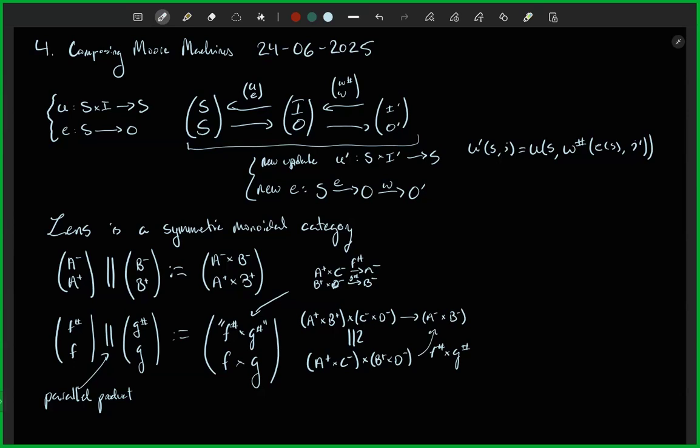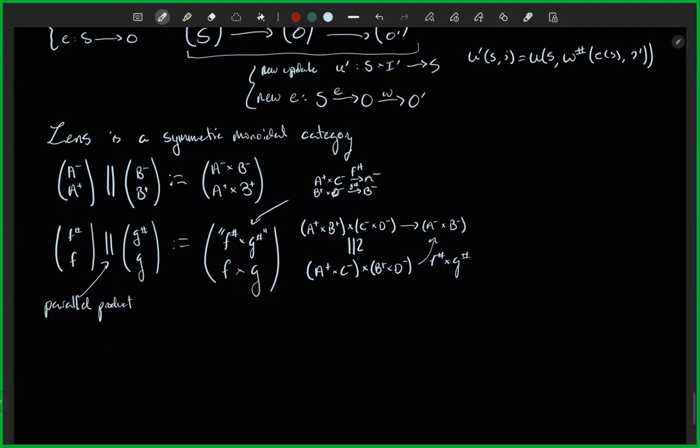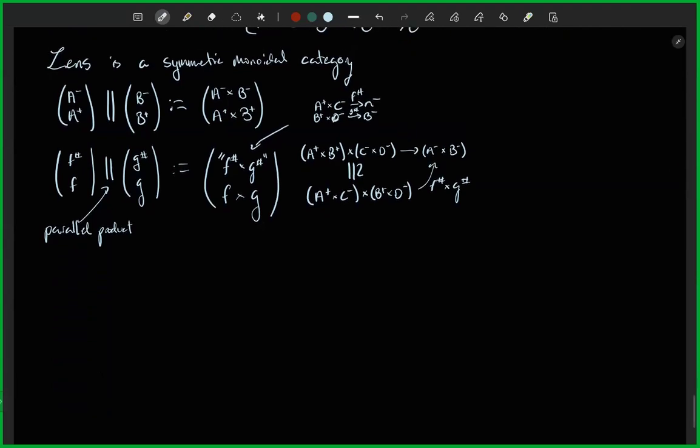All right. So what does this do to systems? Well, the reason I call it the parallel product is if I have U1, E1, U2, E2, this will be from S1 times S2.